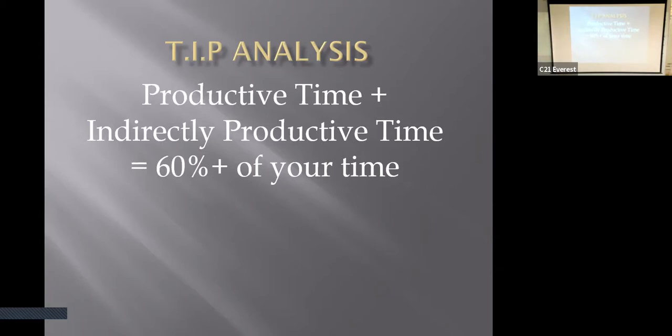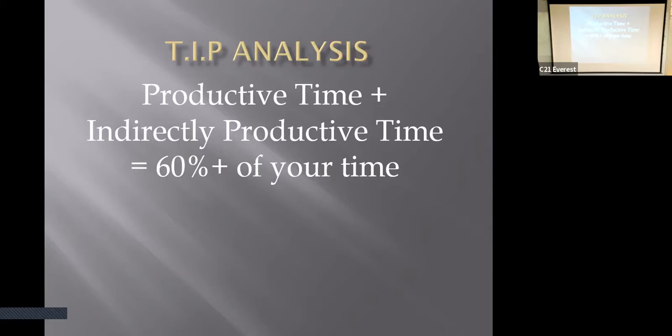Now, here's where we're going with this. If 60% of the time you spend in real estate can be between productive and indirectly productive time, you're going to make a ton of money in this business.